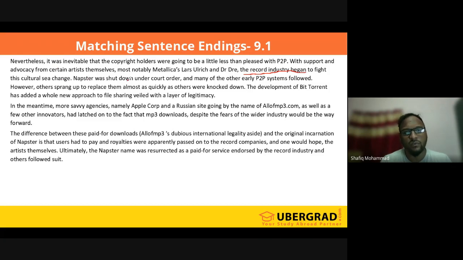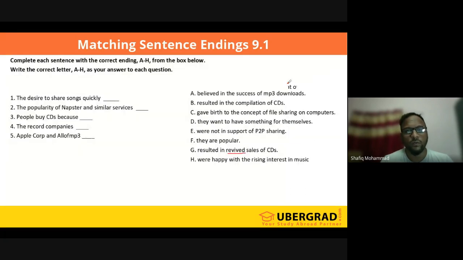The Napster was shut down under court order, and many other early P2P systems followed. So this takes us to many record companies were not in support of P2P sharing. So the fourth one should be E.